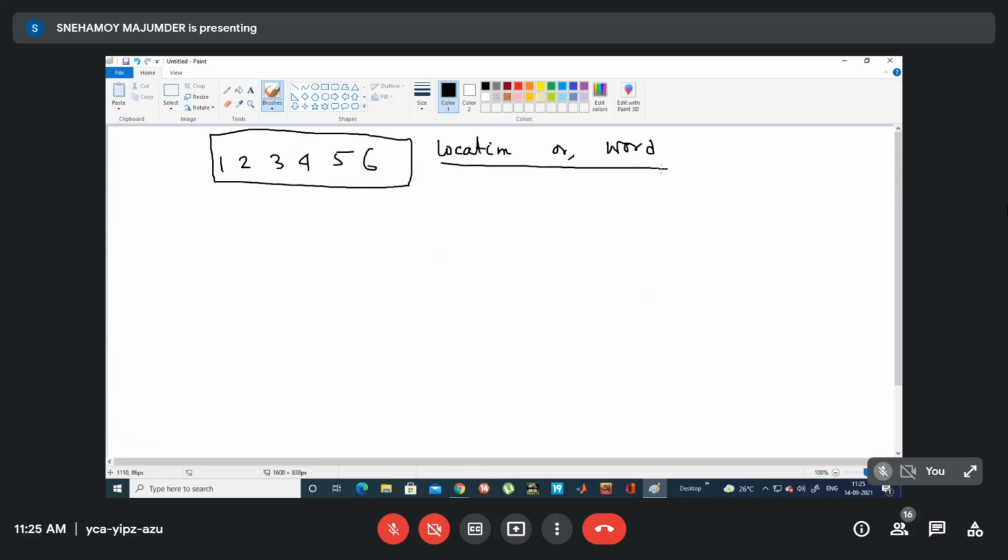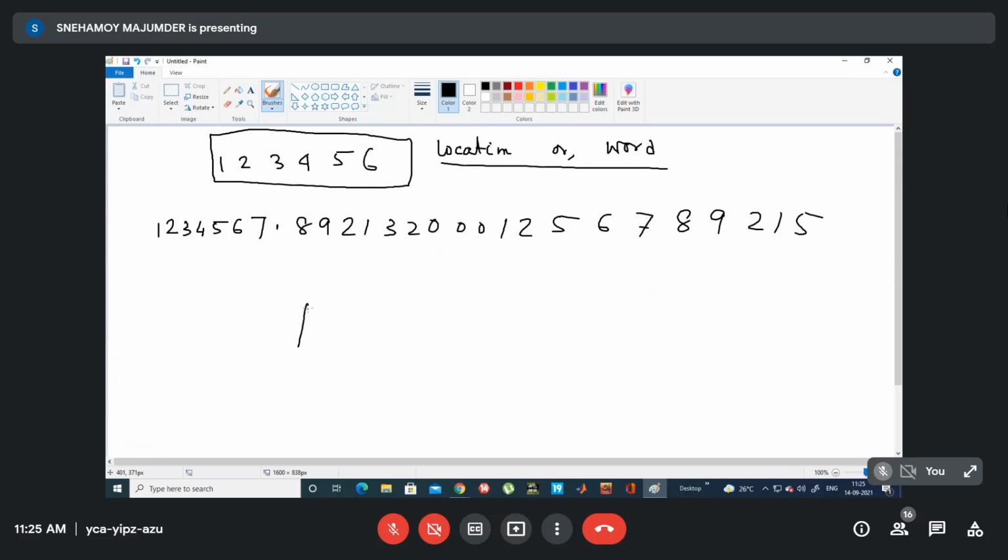Say for example I have a number 1 2 3 4 5 6 7.8921320012567892115, etc. But the important thing is, whatever it may be, I can store in this computer only 6 digits along with their sign.